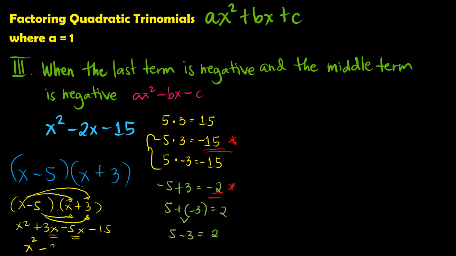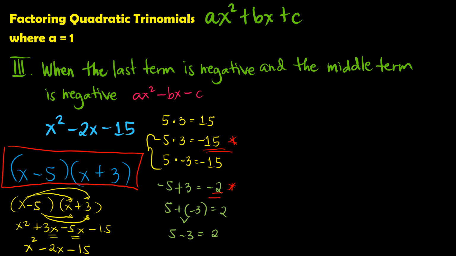The answer is negative 2x. And just copy the constant, negative 15. So, kung mapapansin nyo, yung sagot natin sa checking ay nagbigay ng tamang sagot, which satisfies the given quadratic trinomial. Ibig sabihin, our factor of x minus 5 times x plus 3 is correct.